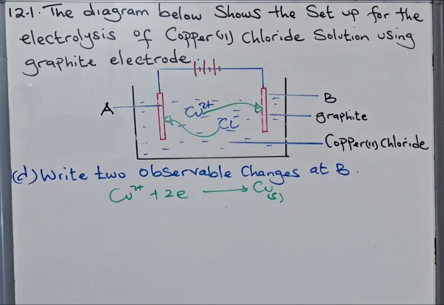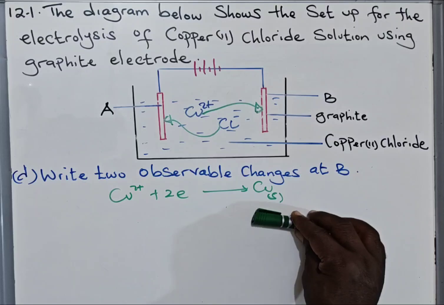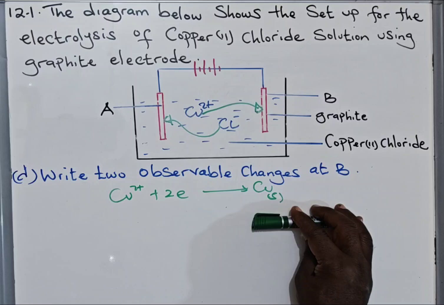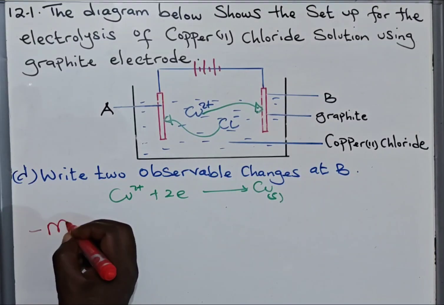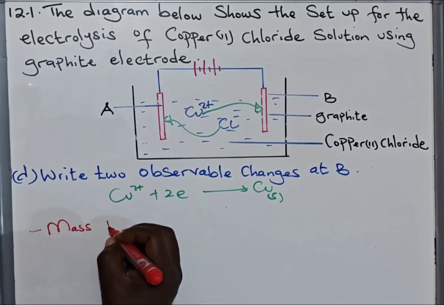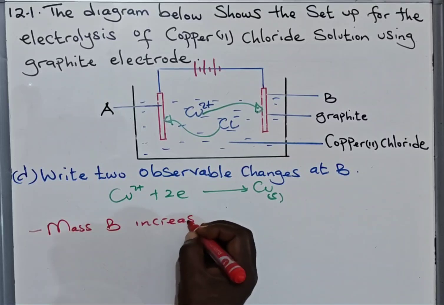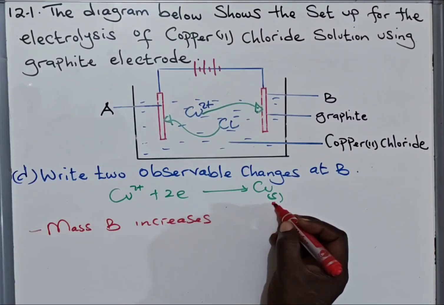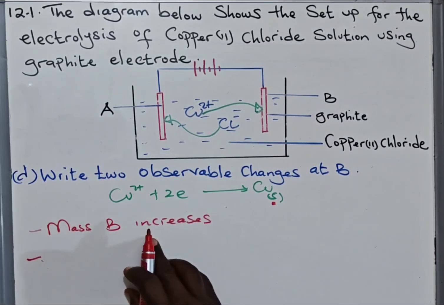Okay. So now you need to know that every time you have a solid as the product, it implies that the mass of the electrode you are dealing with increases. So the first observation is that the mass of B increases, because you have this one as a solid. Okay, the second observation is also related to this.